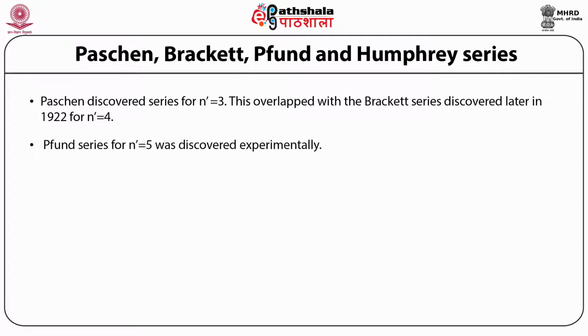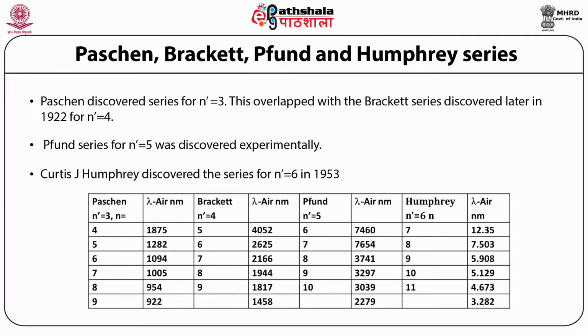The Pfund series for n dash equal to 5 was discovered experimentally. Humphreys discovered a series for n dash equal to 6 in 1953, and so on. And we give in this table the wavelengths for different series in the case of the hydrogen atom.